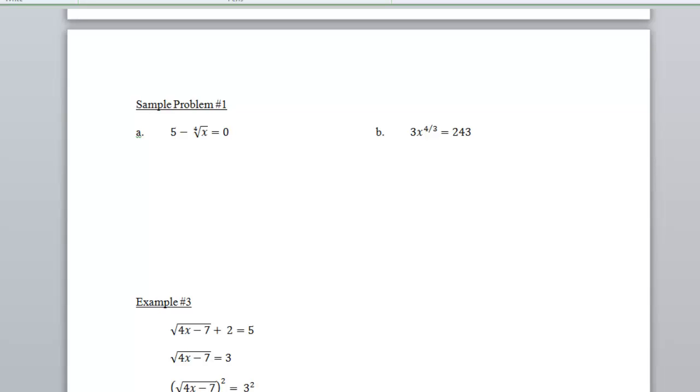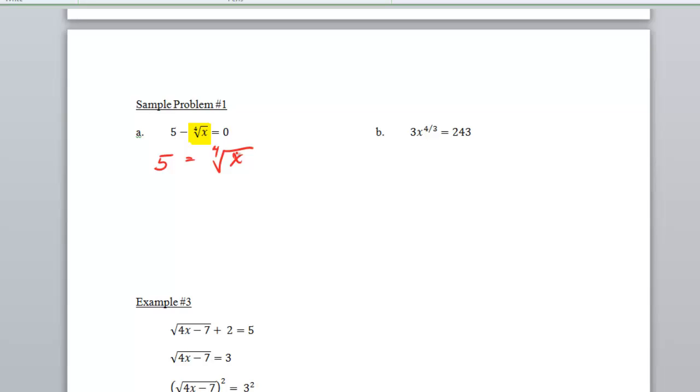Okay. So for part A, the first thing we're looking to do is isolate the variable that has the root with it. Now we can do this in one of a couple ways. If you're one of those people who likes to have the variable on the left side, you can move everything else over to the right. Or if you're just looking for the quickest way to make that positive, I can actually add that to both sides, and that gets rid of the negative for me.